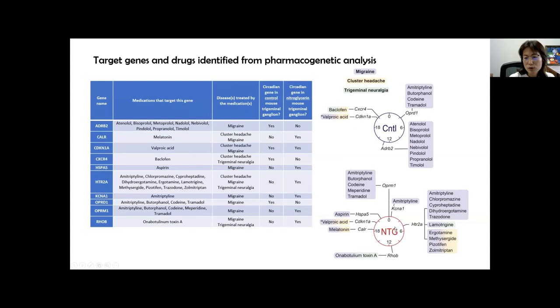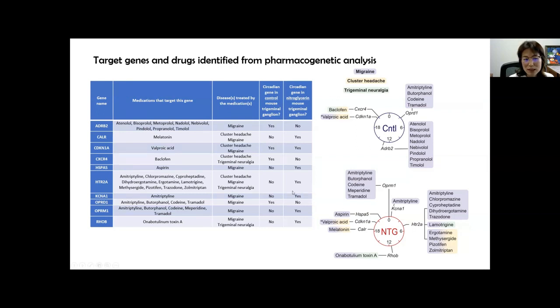And as a result, we were able to understand a more practical treatment solution, how we can actually use this circadian knowledge to treat patients in a better way by using the chronotherapy idea.